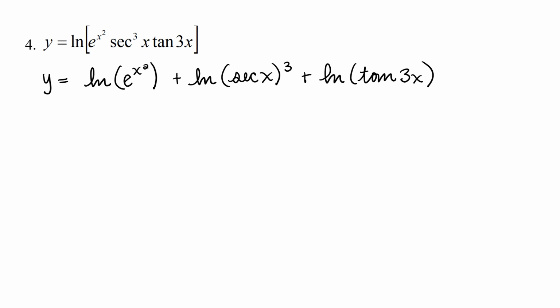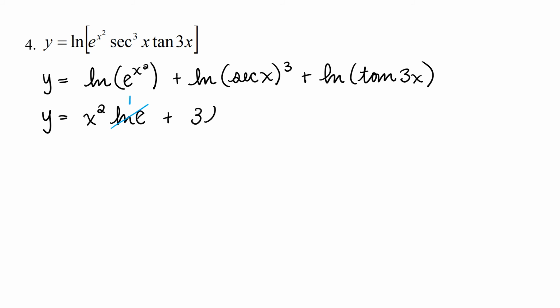And we can simplify this further. So this is y is equal to x squared times the natural log of e. Well, the natural log of e is just 1.